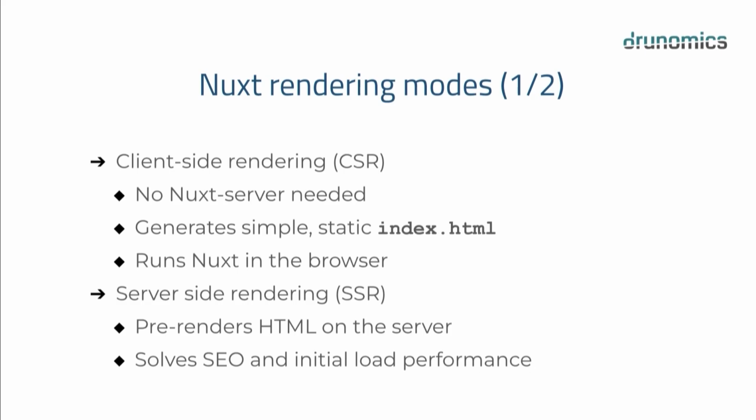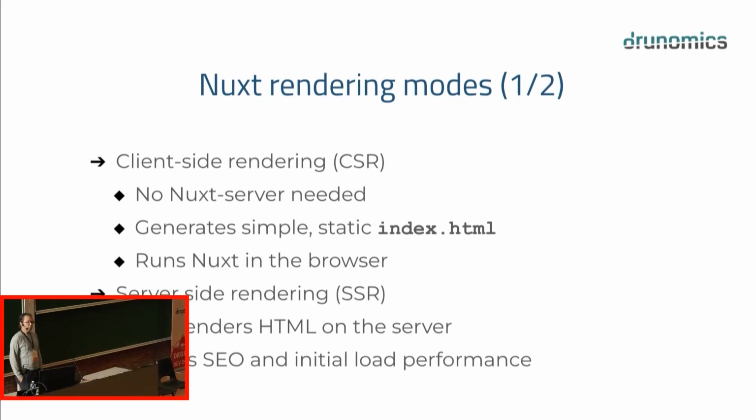So it's basically empty, just loads your JavaScript and then runs Nuxt in the browser and does everything in the browser. You can use that if you'd like to run a complete application, like, I don't know, an intranet, where it's not important to have SEO or the best first load performance. It might really be good enough for that.